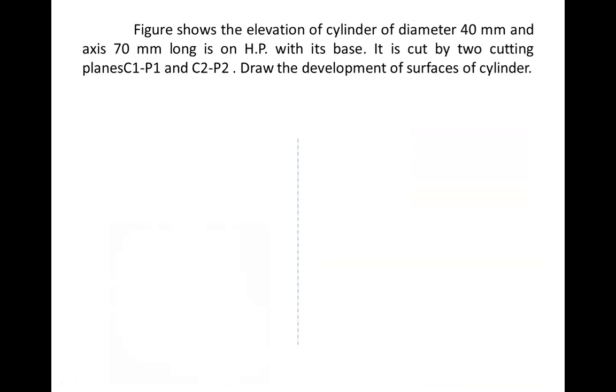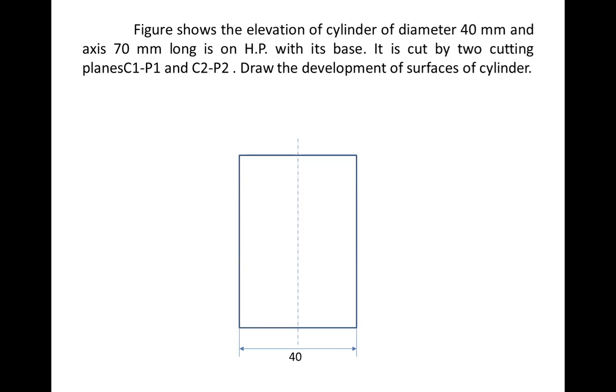Now today we will see how to draw the development of a cylindrical surface, and for that we will take a cylinder having 40 millimeter diameter and an axis length of 70 millimeter. This cylinder is a simple cylinder. Now it is cut by two cutting planes C1P1 and C2P2.